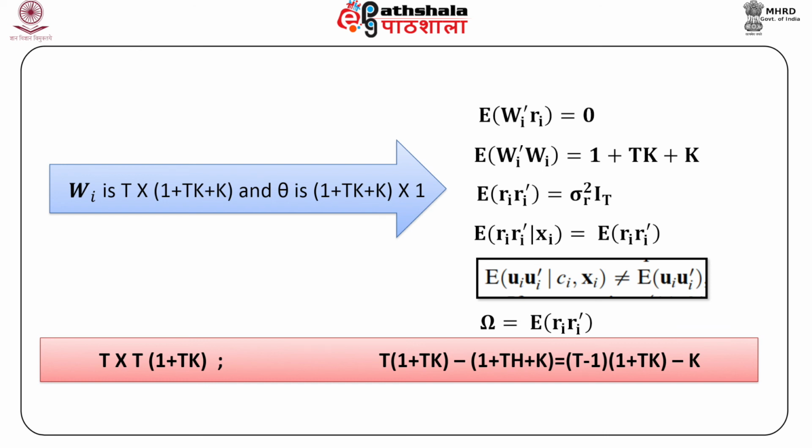So there are T(1 plus TK) minus ((1 plus T)K plus K), which equals (T minus 1)(1 plus TK) minus K, over-identifying restrictions. Please look at these notations very carefully.